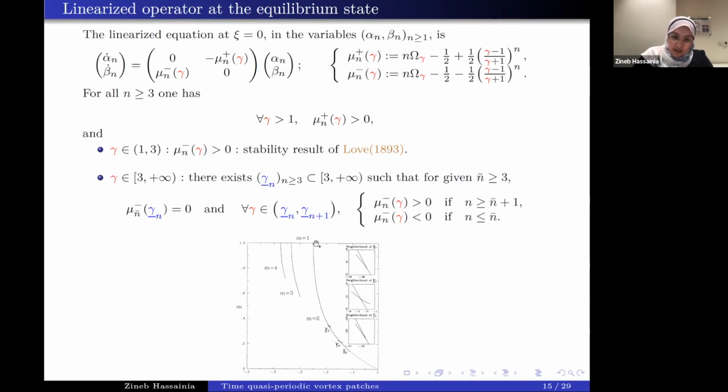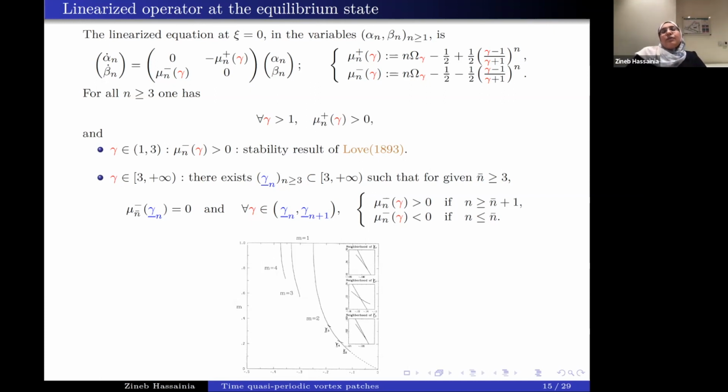If we are in the interval 1 to 3, all the directions are elliptic. Then from gamma 3 to gamma 4, only n equal to 3 is hyperbolic. All the remaining are elliptic. And then from gamma 4 to gamma 5, n equal to 3 and n equal to 4 are hyperbolic and the remaining elliptic. So the first few are hyperbolic directions.